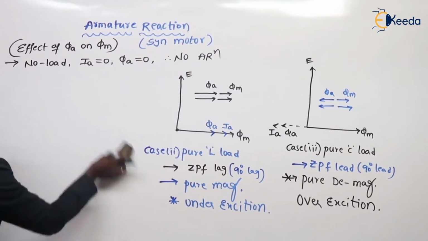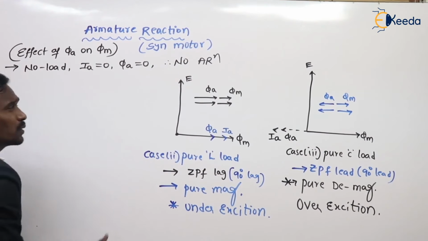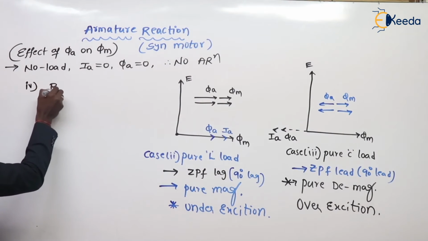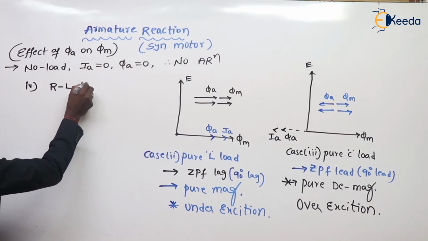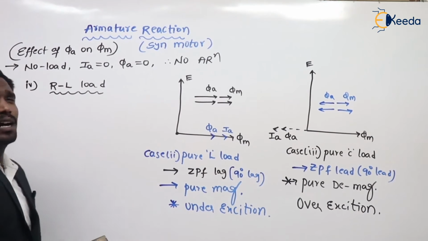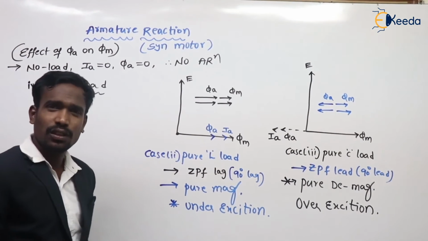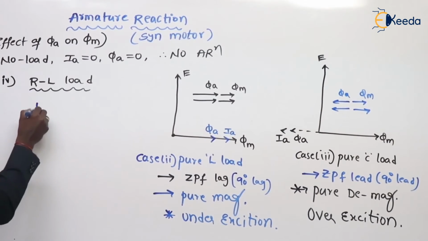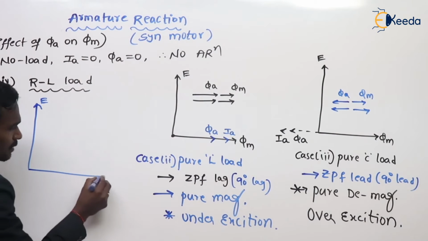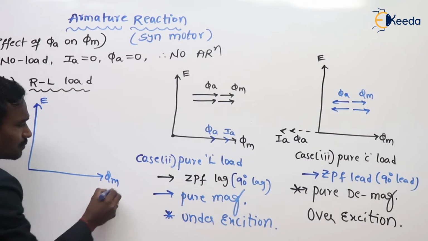Let's derive those 2. So case 4, resistive and inductive load. For this condition, what is the armature reaction? Tell me, for example, this is my EMF and this is my main field flux.